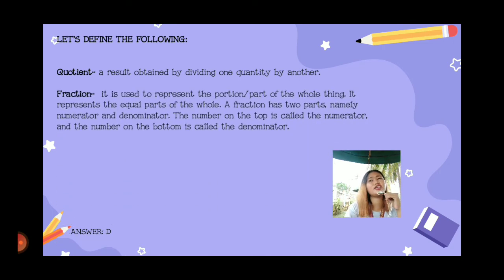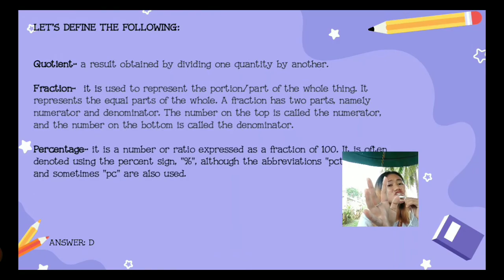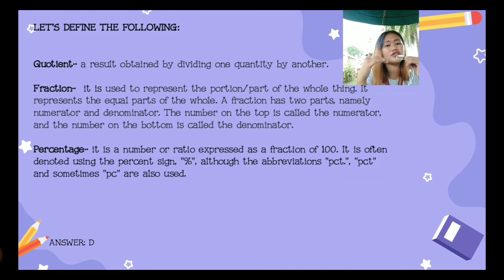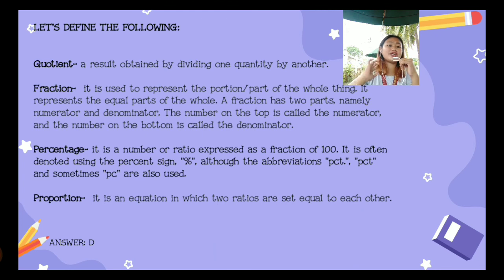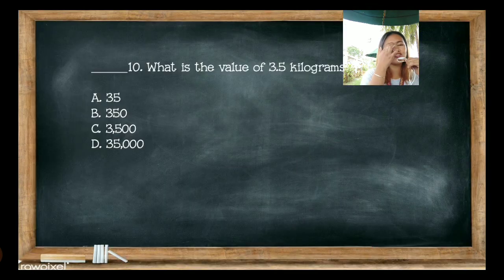A fraction, like 1/4. And a percentage is a number or ratio expressed as a fraction, often denoted using the percent sign. And a proportion is an equation in which two ratios are equal or set equal to each other. So therefore, the answer is ratio.